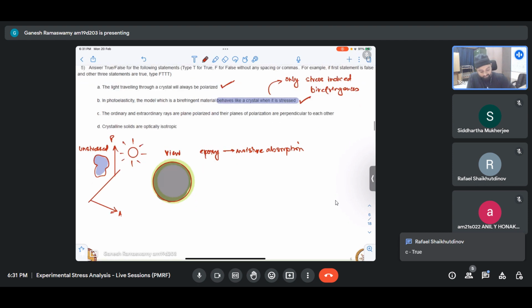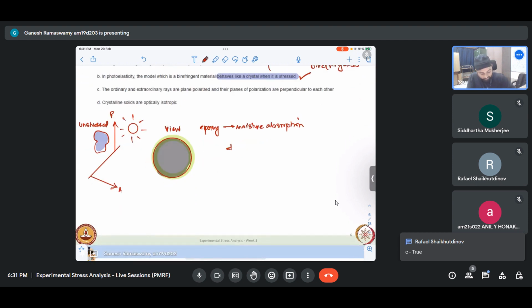So essentially, double refraction has two refracted rays. We will name one as extraordinary, one as ordinary, just a nomenclature.